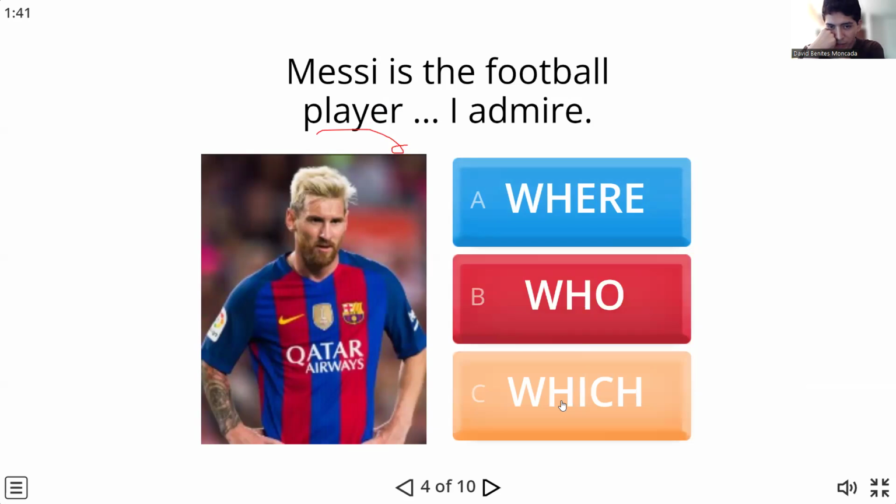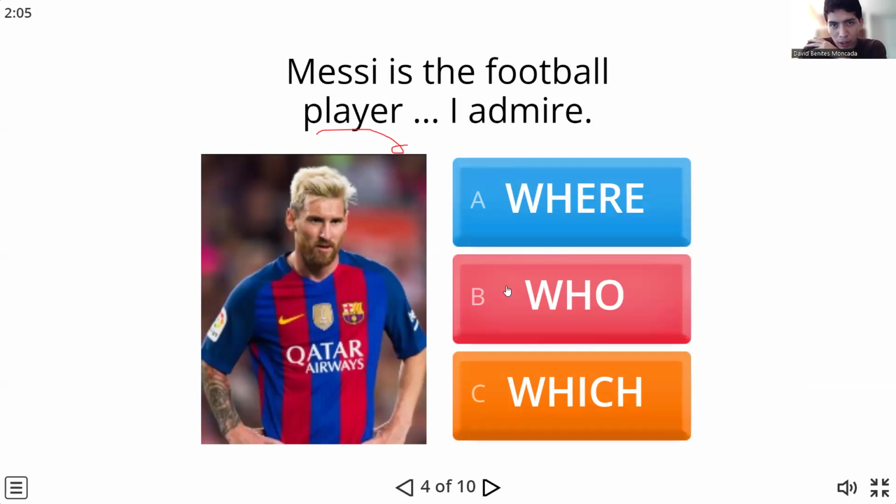Este who lo puedes traducir como qué o quién. Si es una persona, es who. Si es un objeto, es which. O puede ser incluso that.